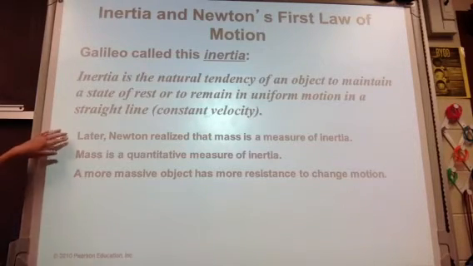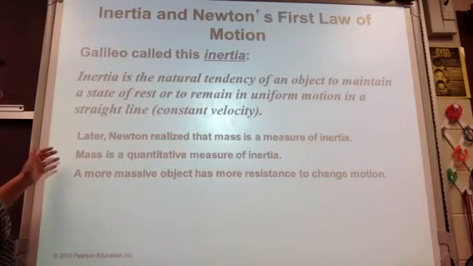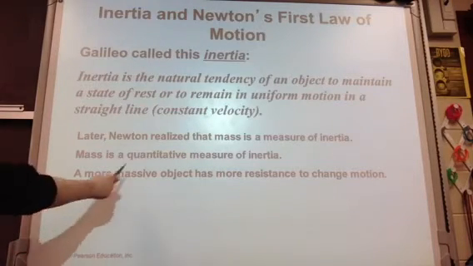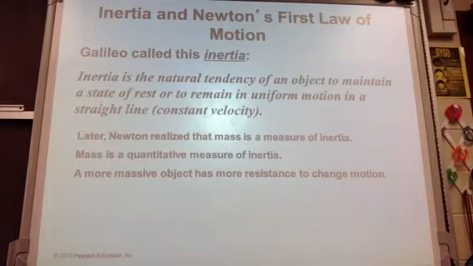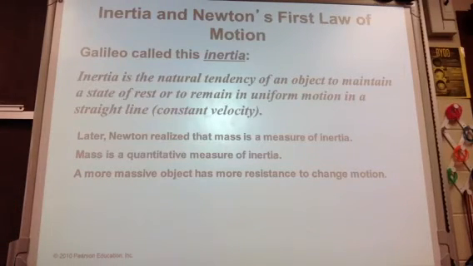And Newton later realized that mass is really a measure of inertia. Mass and inertia really go hand in hand. Mass, Newton thought, was a quantitative measure of inertia, and Newton thought that a more massive object would have more resistance to change in motion. So that object would have more inertia. So a more massive object, more resistance to change, so I would consider that to have a lot of inertia.